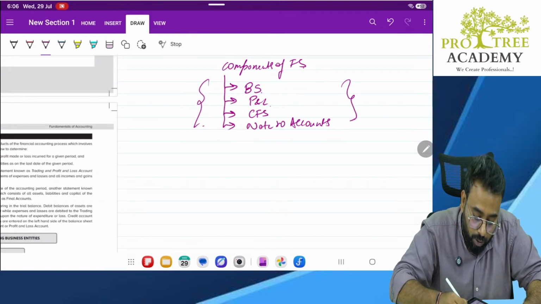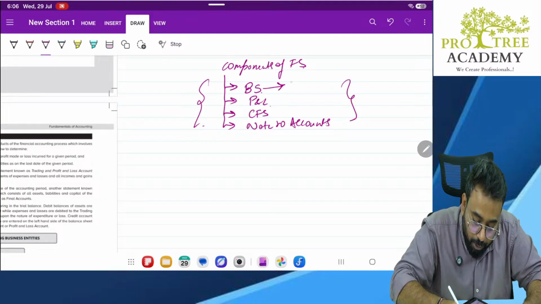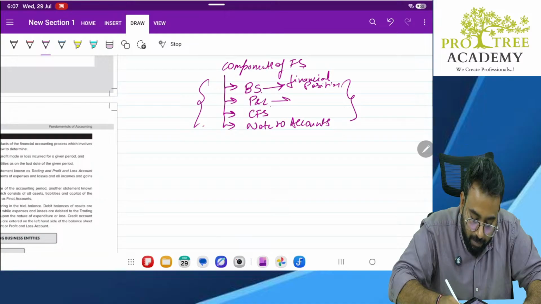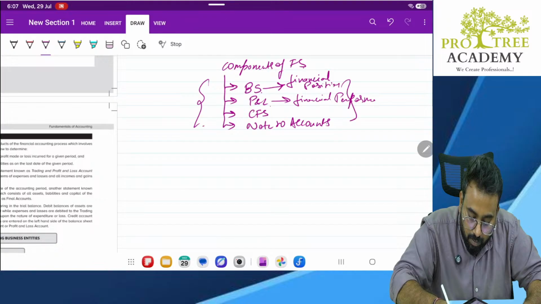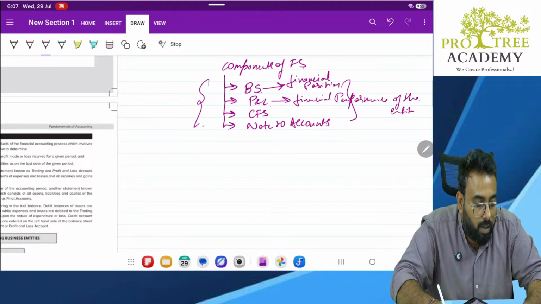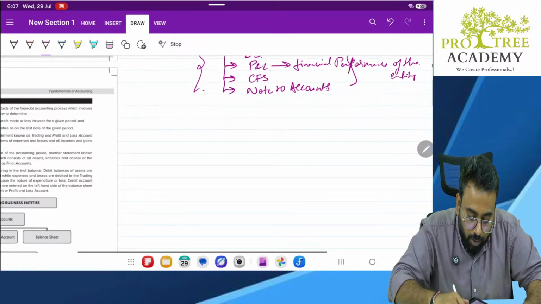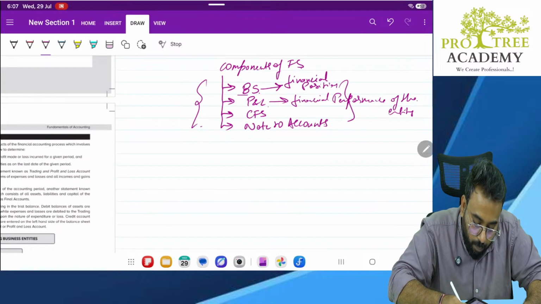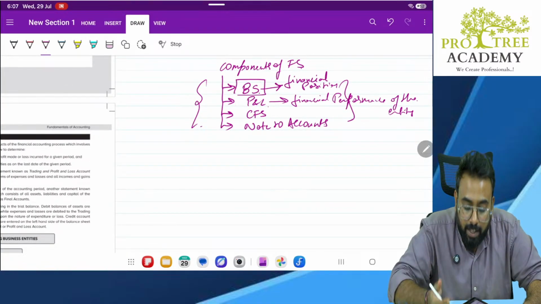Now, I have also told you that the balance sheet will give you the financial position, and the P&L will give you the financial performance of the entity. In this chapter, we are going to understand how the balance sheet is prepared and why it gives us financial position.